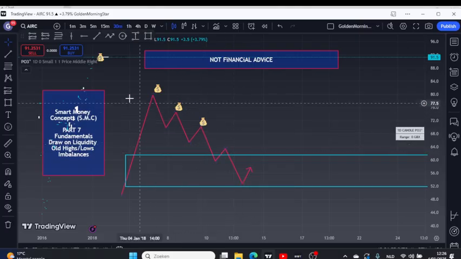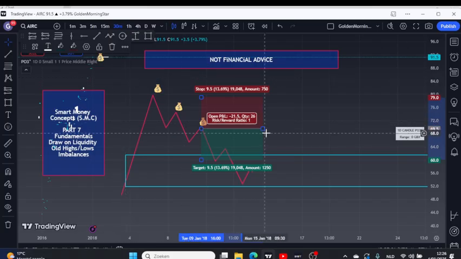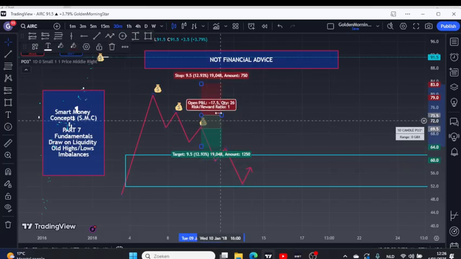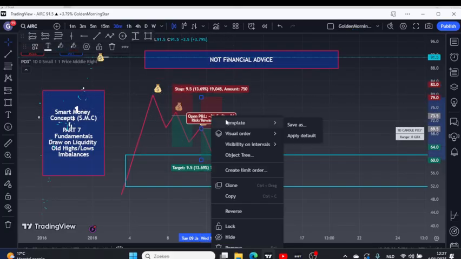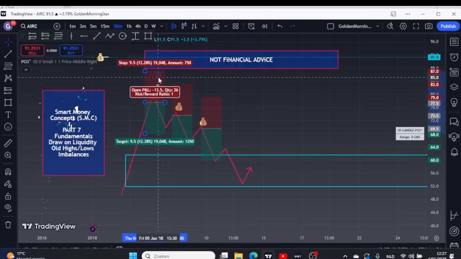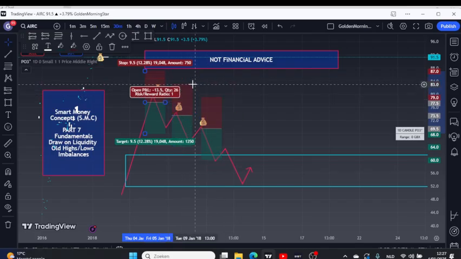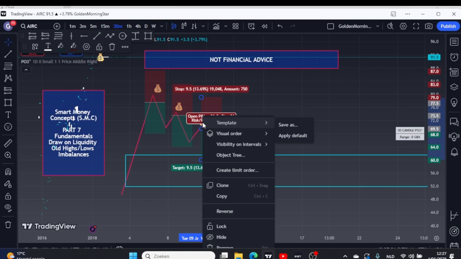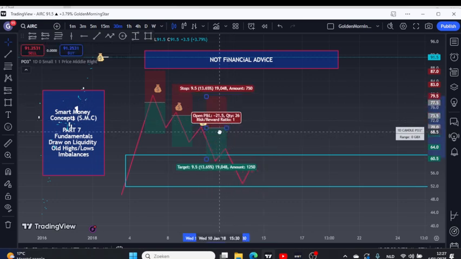And you see this position, there are people shorting here. There are people going short here. And there were people going short here. So all these stop losses are also liquidity. Let me grab this quickly.